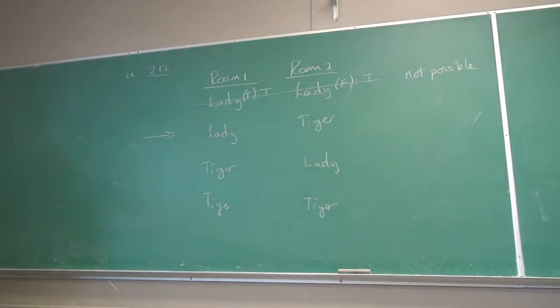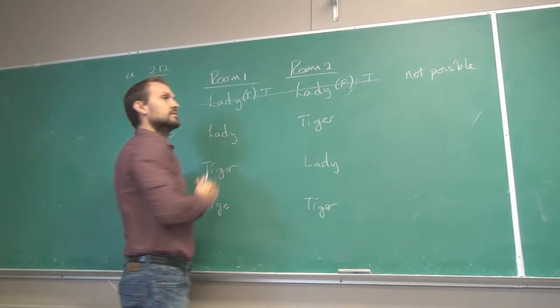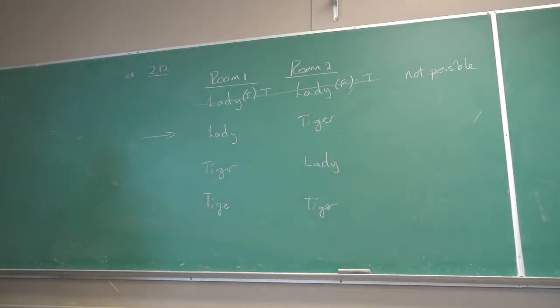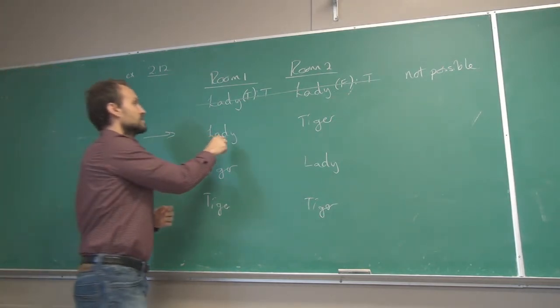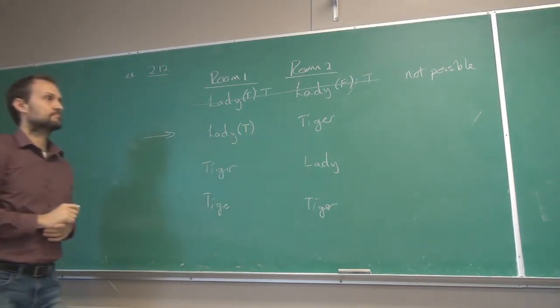It's not the best case for the prisoner, but maybe they still have a chance of picking a lady and their freedom. Now I'm considering the scenario lady and tiger. Nothing else, just that scenario. Is that possible? Well, if there's a lady in room 1, the sign should be true.